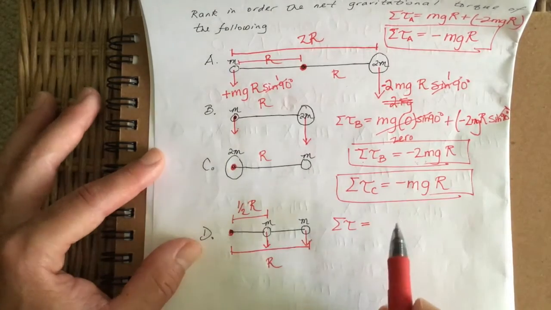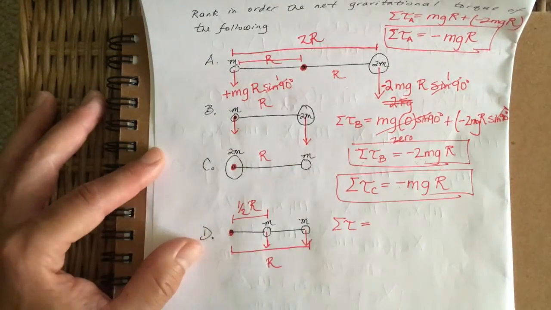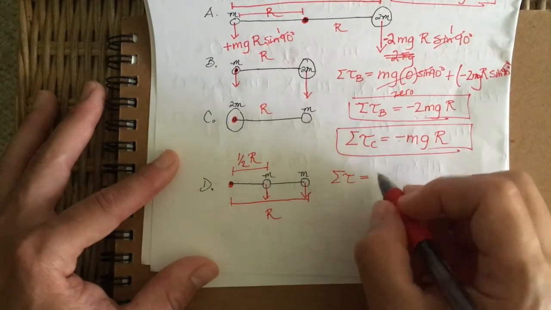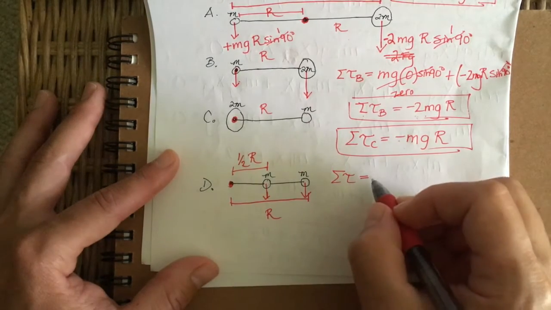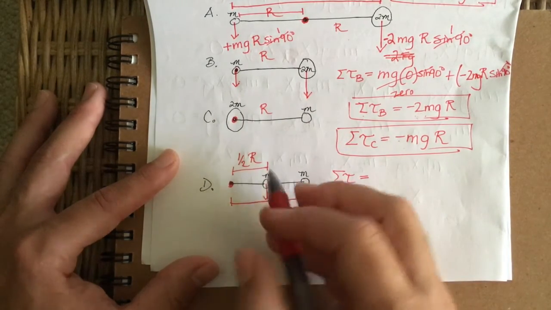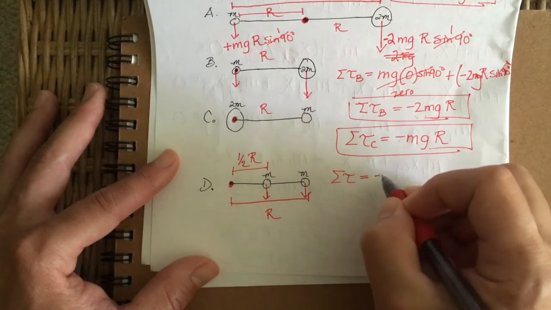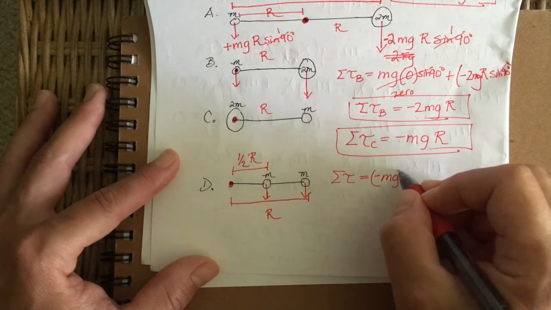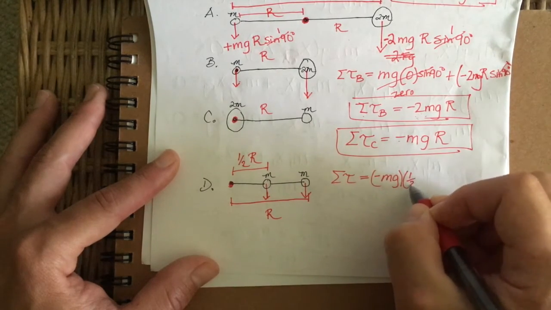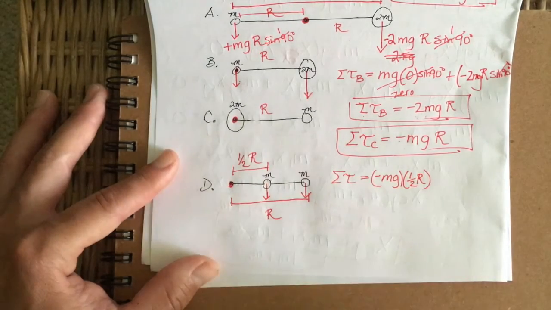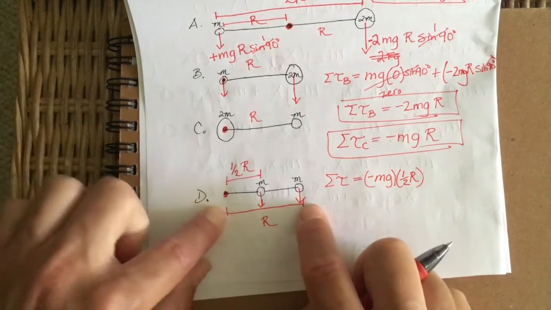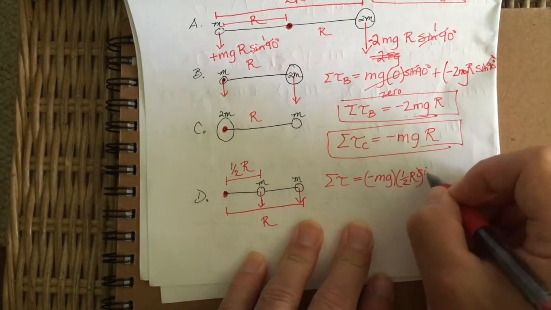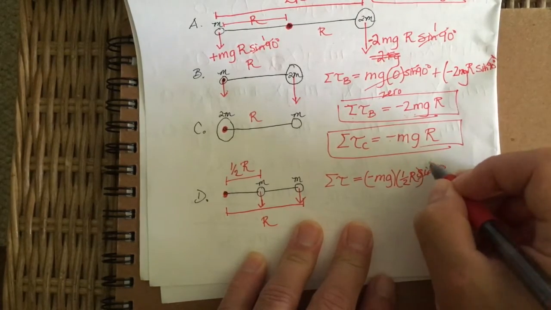And in all three of these cases so far, these objects are not in rotational equilibrium. Coming back to this, the sum of the torques equals negative mg times 1/2 r, and then for this one, negative mgr. Oh, sine 90, right? Don't want to forget that, even though it's obvious that that's just 1.